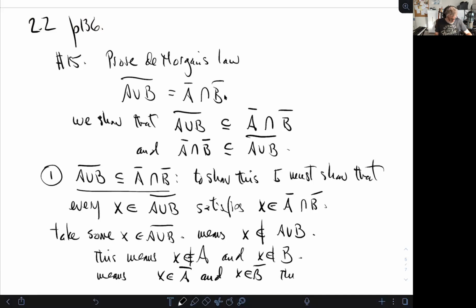So this means x is in this, right? So that's the proof of that little piece, okay?